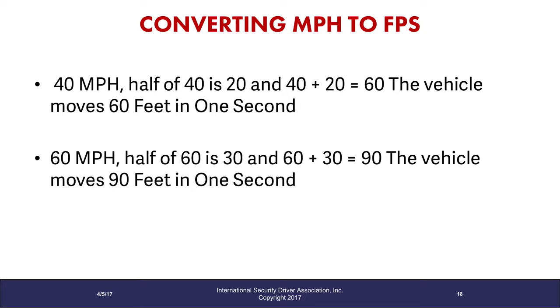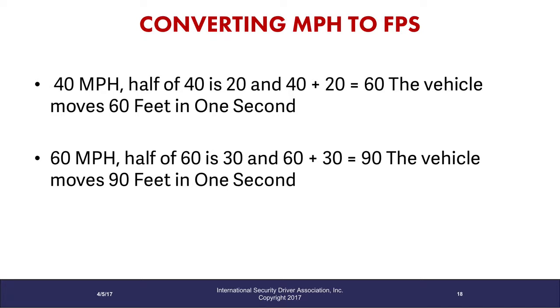The simple math trick you can do is you take the miles per hour, in this case 40, take half of 40, which is 20, add the 40 and the 20, and you'll get 60. So if a vehicle is moving 40 miles an hour, it travels 60 feet in a second.